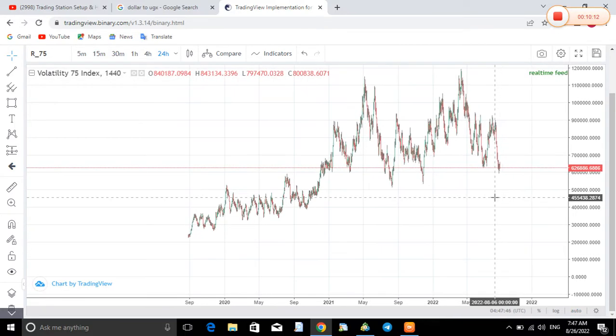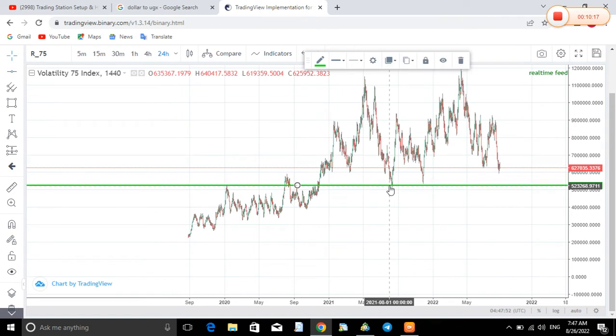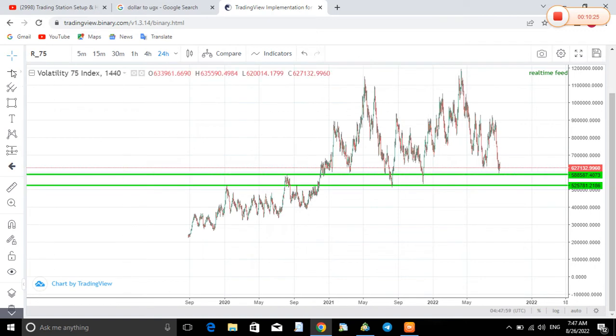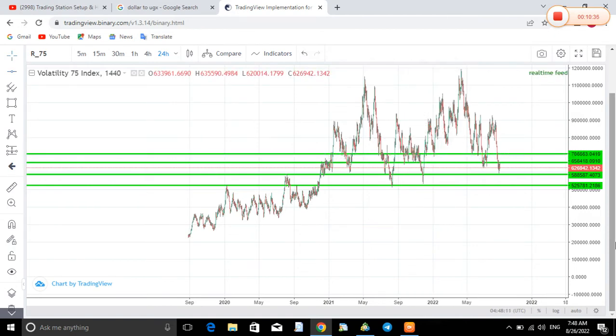As you know, I'm going to start by spotting main support and resistance levels. So support level, we also have this support level, we also have this level, we also have this level.